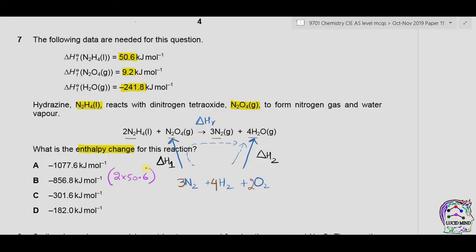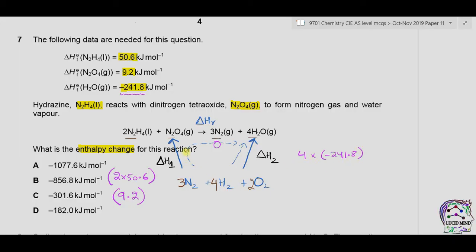As only 1 mole is being formed, we can write 9.2 kilojoules per mole. Now moving towards delta H2, we have 3 moles of nitrogen being formed, and as it is a molecule, therefore the enthalpy change of formation is 0 for nitrogen. Next, 4 water molecules are being formed, so for 4 moles, we will multiply this value with 4. So it is equal to 4 into negative 241.8.